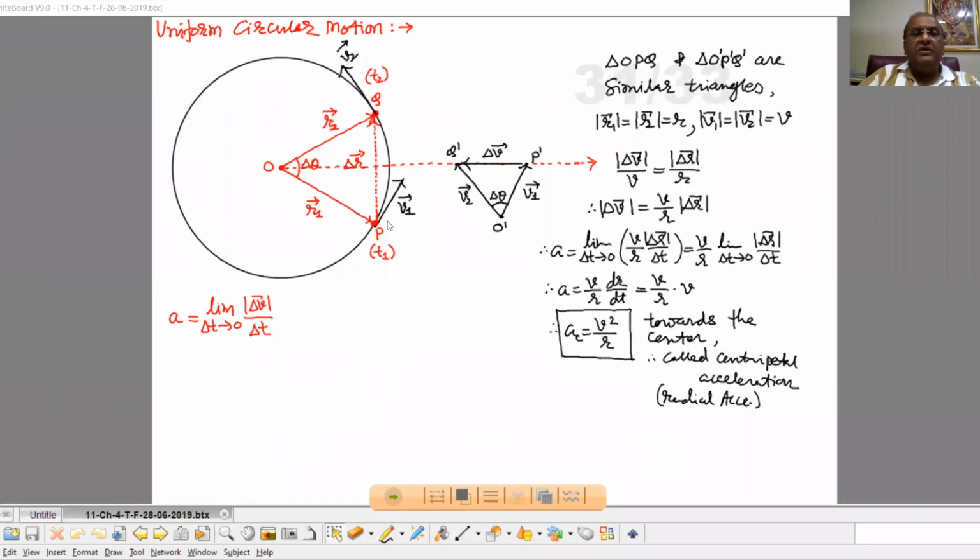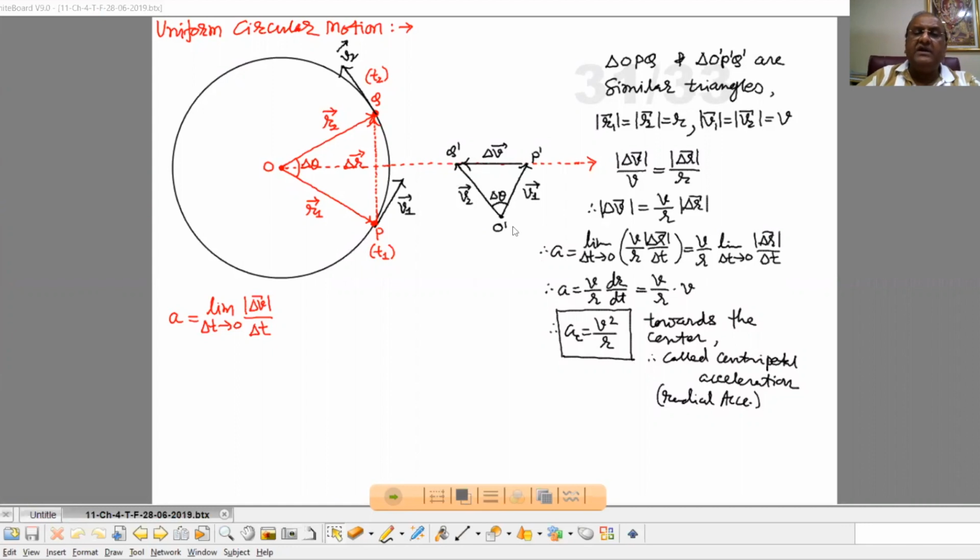Now to find the acceleration, let's think about the change in velocity. When the particle moves from P to Q, the arc PQ subtends an angle delta theta at the center. To understand the direction of change in velocity and the direction of acceleration, represent these velocity vectors as shown here.